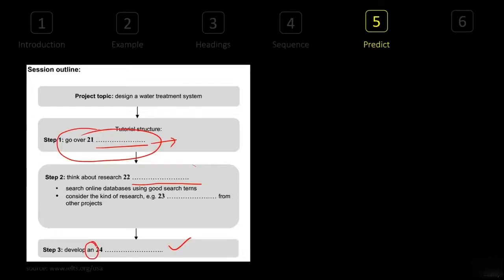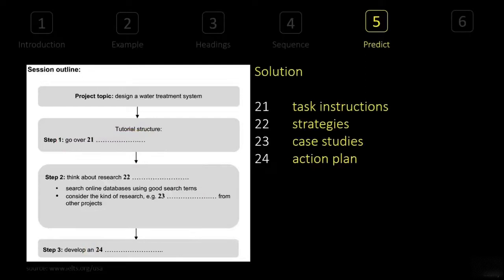Okay. So this is predicting the answer. And see, as I said, N, it must be starting with a vowel or sounding as a vowel. That's why it's called action plan. See? Second one, go over something, that is instructions. So all of the answers are making sense according to the 1 or 2 words before the blank. You see, research strategies, an action plan.